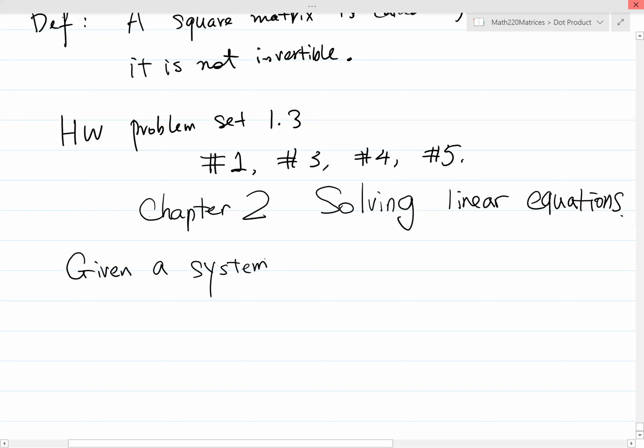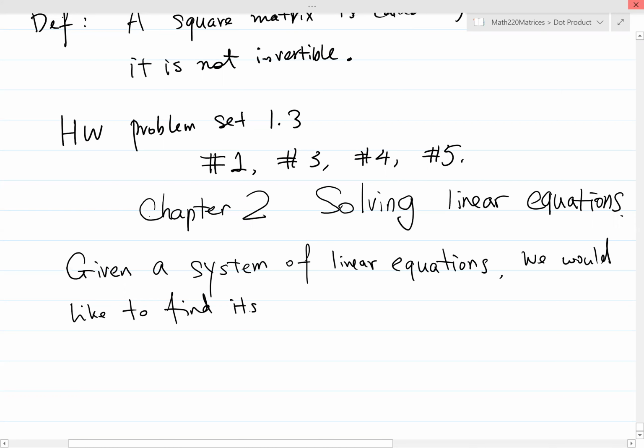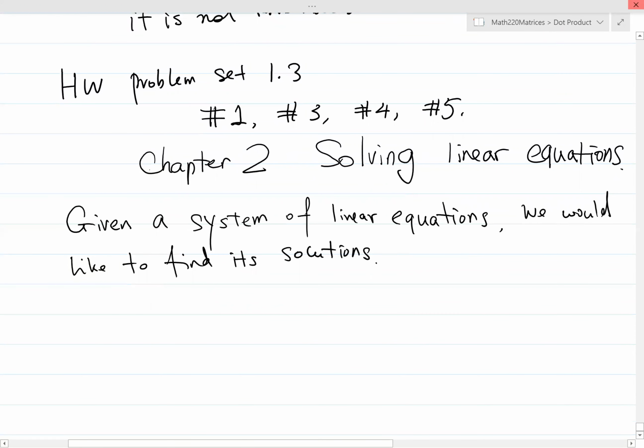Two questions: whether there exists a solution or not. The next question is, if there is a solution, find all possible solutions. We should determine whether a solution exists, then if it does, find all solutions.